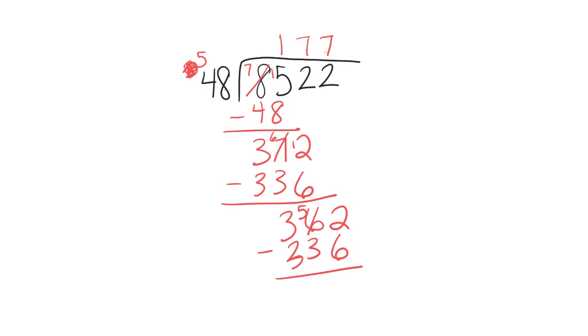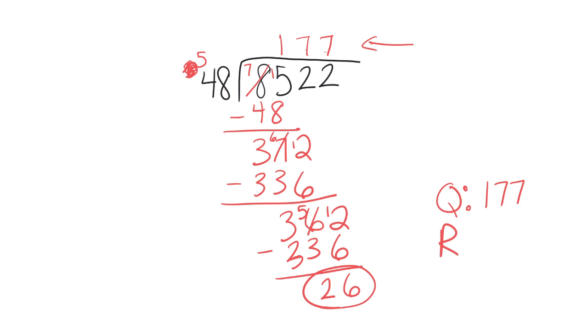It's going to now be a 5. And so I have 12 minus 6 is 6, 5 minus 3 is 2, 3 minus 3 is 0. So this right here is what's left over, and that's going to be my remainder. So my quotient is what I have up on top here, the 177. So 48 will go into that value 177 times with a remainder, or a leftover, of 26.